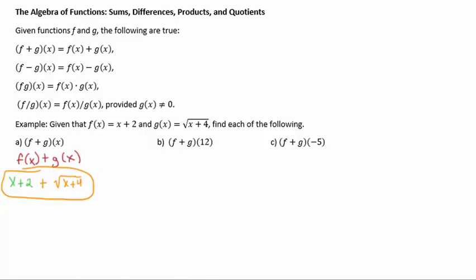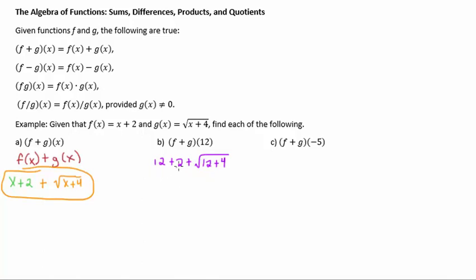Now for part B, (f plus g) of 12, we can go about this two different ways. One way is that we already have what f plus g is, so now we're just saying let's plug in 12 to this function. So if we do that, we get 12 plus 2 plus the square root of 12 plus 4.